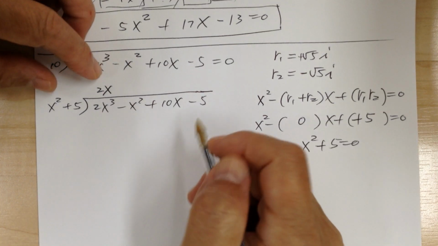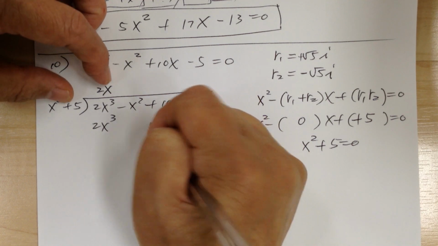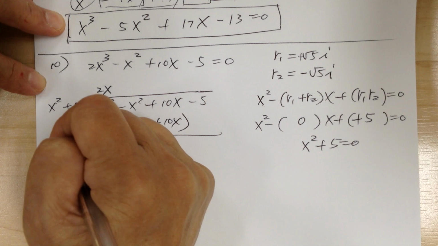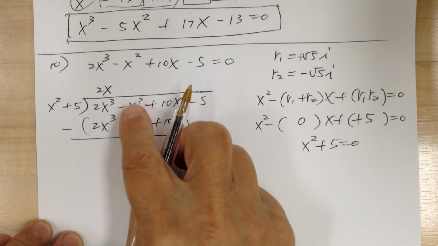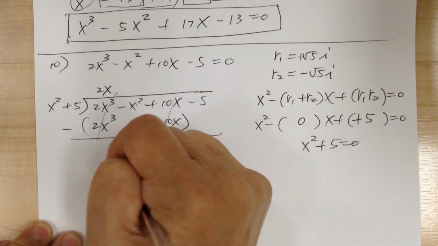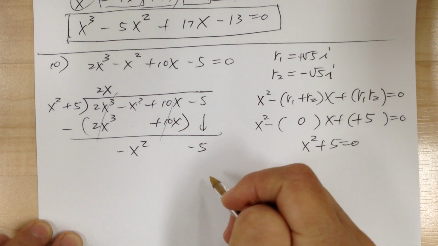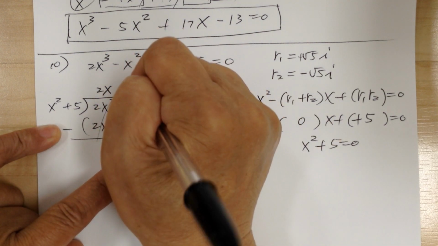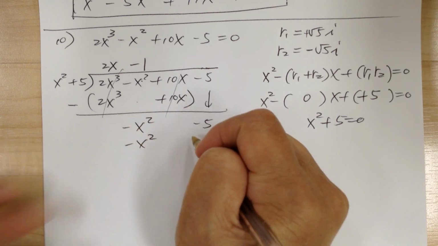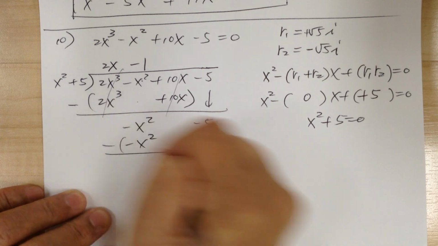When you multiply, you get 2x^3 + 10x. Subtract, so this cancels out, and you get negative x^2, and you drop down the minus 5. Then you need negative 1, so you get negative x^2 - 5, and when you subtract, you get 0.